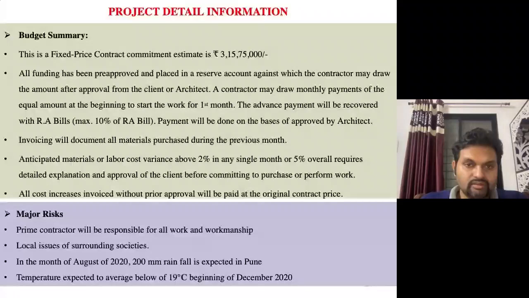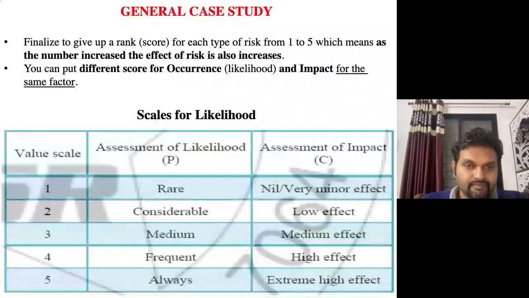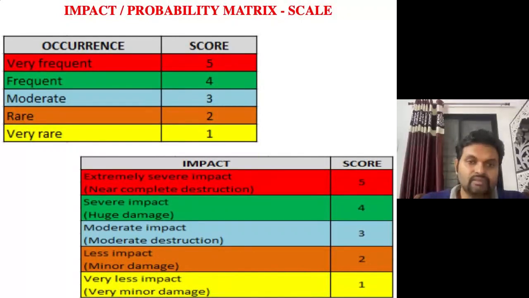I will show you the thing here. Give me the rating here for the occurrence. What is the probability of occurrence in the land acquisition for this particular project? The occurrence will be 1, 2, 3, 4, 5, like very rare, moderate, frequent, very frequent.